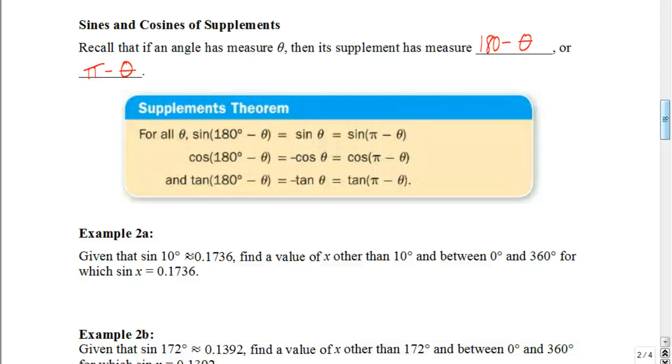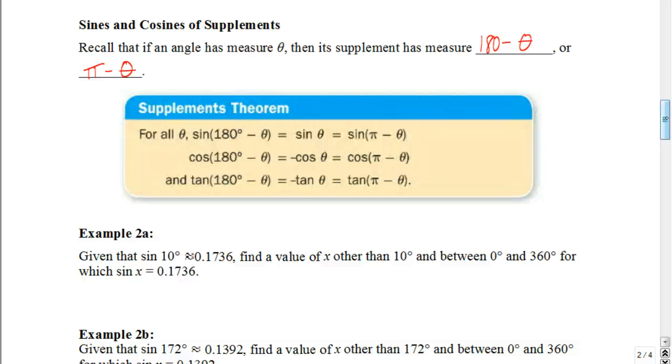So the supplements theorem, the way that we use that for sine is that the sine of 180 degrees minus the angle is equal to the sine of the angle, or the cosine of 180 degrees minus an angle is equal to the opposite cosine of the angle, and the tangent of 180 minus an angle is equal to the opposite of the tangent of the angle. Again, we have these also in radians using pi in place of 180.